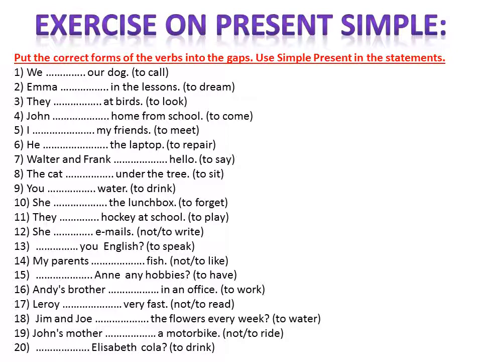To make negative sentences in the present simple tense, we use don't or doesn't plus the infinitive. And to make questions, we use do or does. Now, let's answer some exercises. Put the correct forms of the verbs into the gaps. Use simple present in the statements.